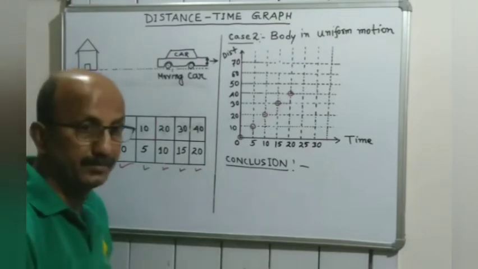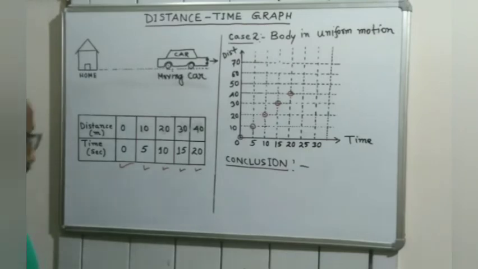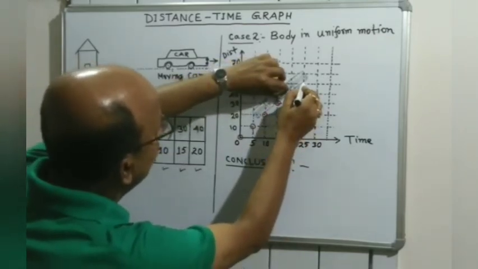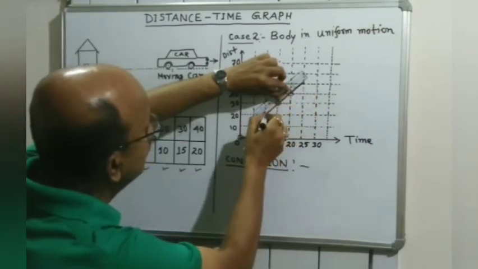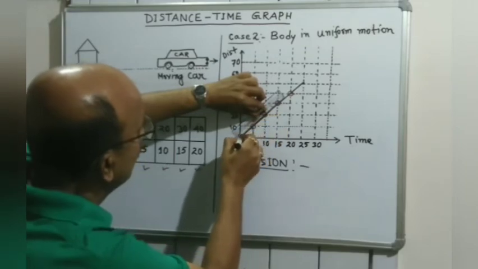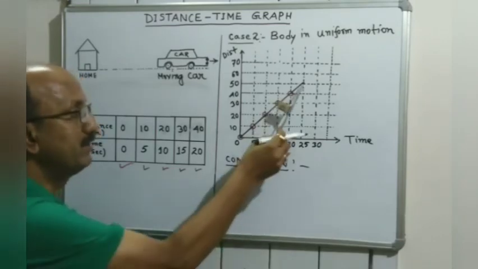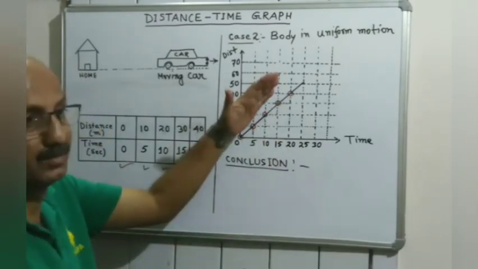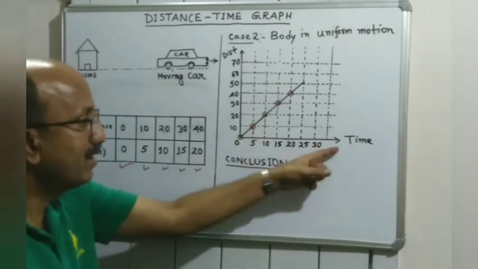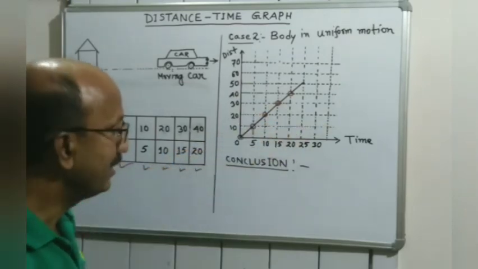Now let us join all the points together. What you see is that the shape of the graph is a straight line, but this time, although it is a straight line, it is not parallel to the time axis. Rather, the line is inclined to the time axis.